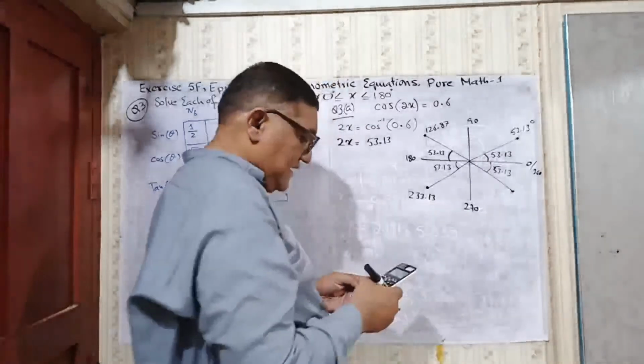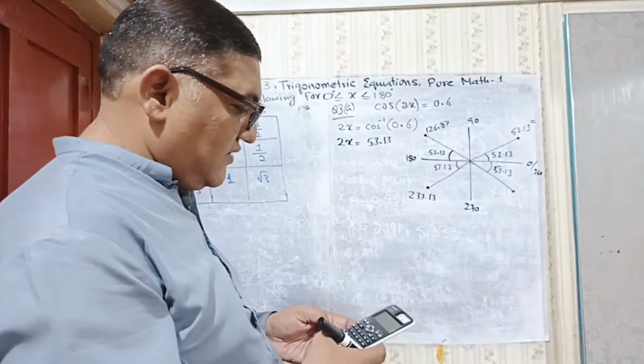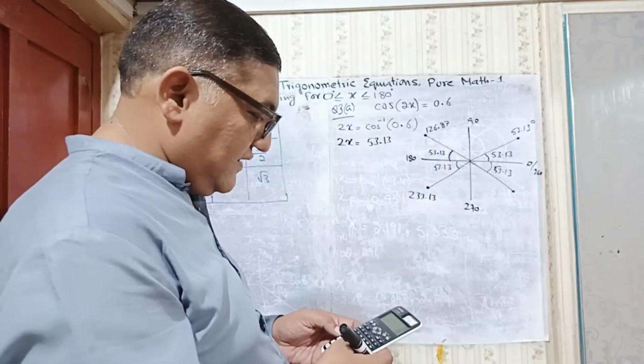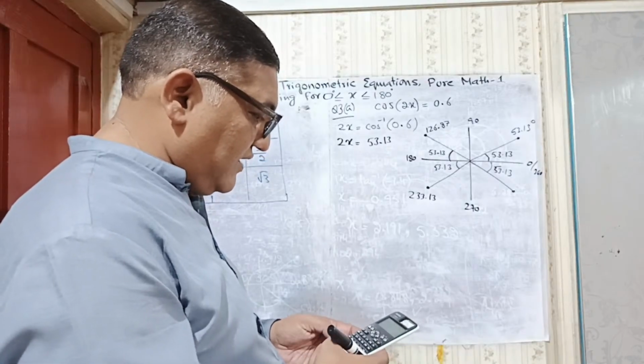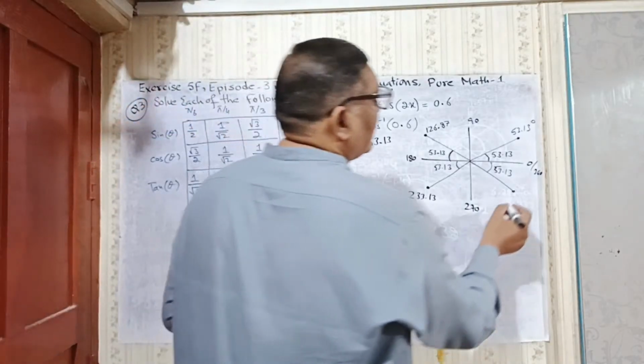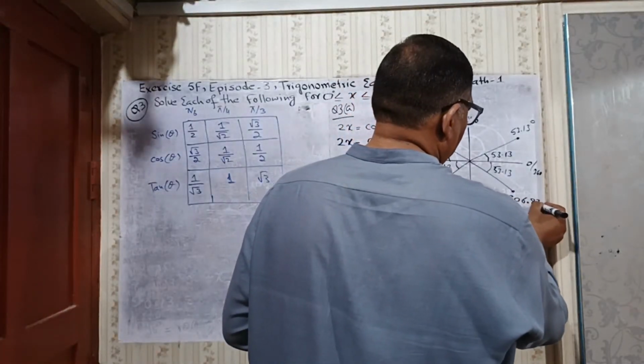What will be this angle? This angle will be 360 minus 53.13, and it is 306.87.